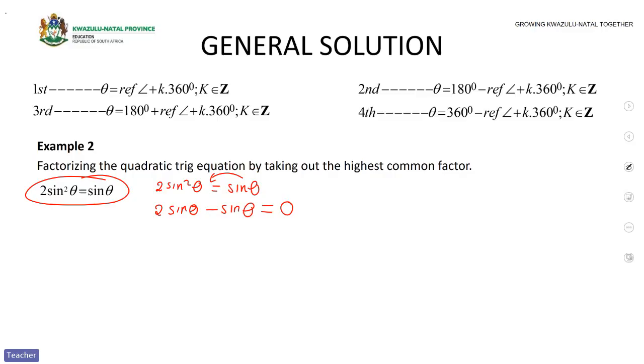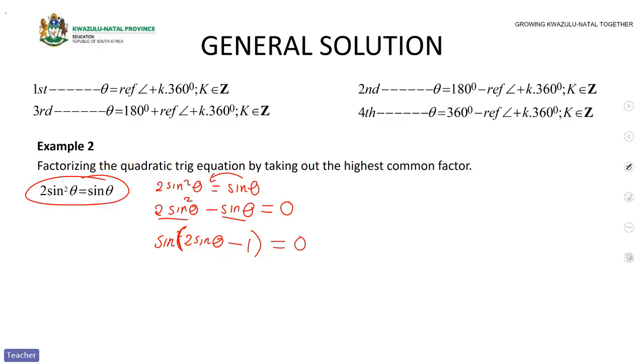Now we have 2 sine squared theta minus sine theta, and it is clear to see that we have a common factor. We'll then factorize by taking out this common factor, which is sine theta, and we are going to be left with 2 sine theta minus 1, because we are only left with minus 1 inside.